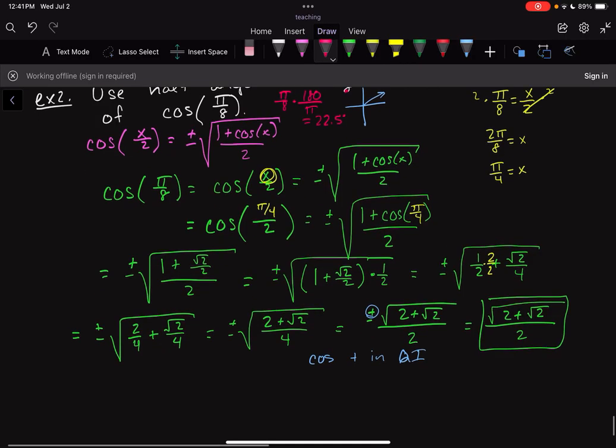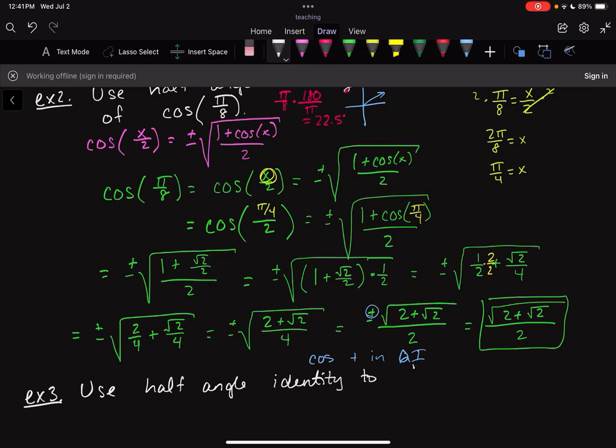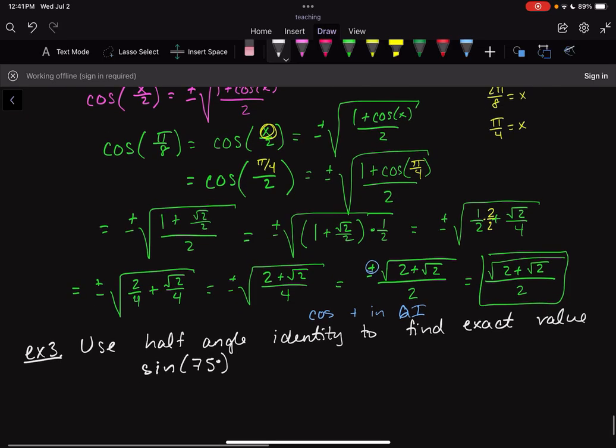But let's say I use something like this. So if I say use half angle identity to find exact value for sine of 75, this one I would not use a half angle identity, because it's super easy to think of two things that could add or subtract to get to 75.